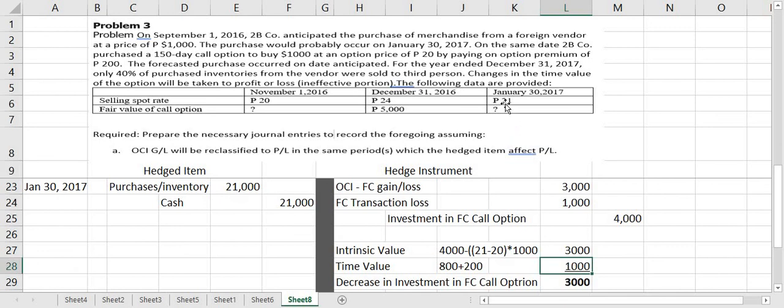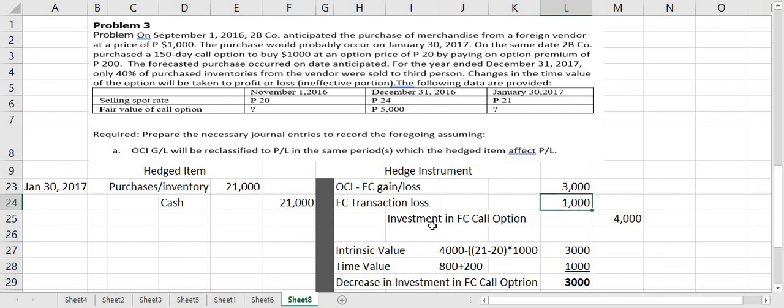At dahil nag-end na yung ating period ng ating contract, ng ating call option, kaya yung ating time value component is 0 na rin siya dapat. So, we cancel out the time value component balance na 1,000 by debiting foreign currency transaction loss na 1,000.